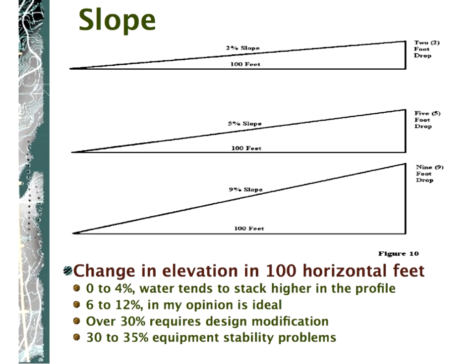Over 30%, you sometimes require design modifications. You want to make the drain field as wide as possible and as narrow as possible along the contour of the slope, because otherwise the drip line at the top of a particular section is going to flow downhill and interfere with the drip lines below it.